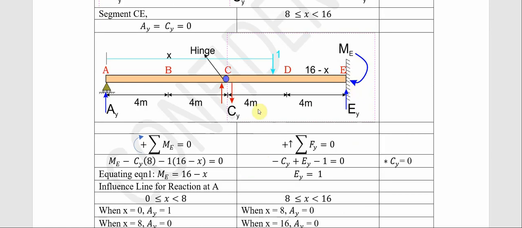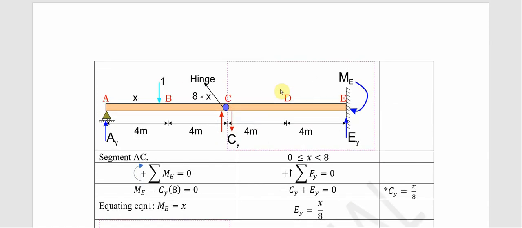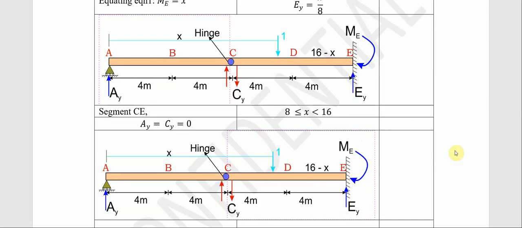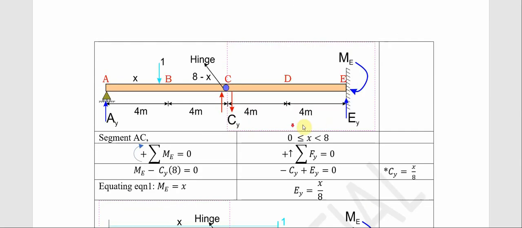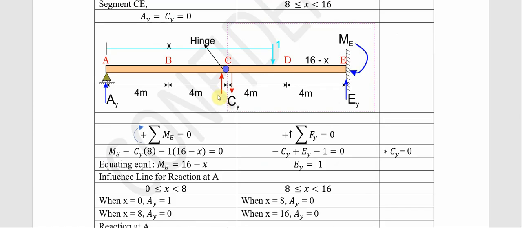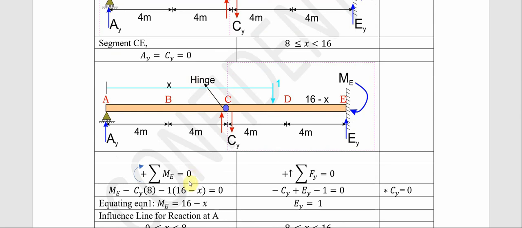We consider CY, but this time around the point load is acting here as against the other time that it was acting there. Okay, since we're taking moments about this point, I told you that this moment we have to consider it, and as I explained the other time, even though the load is acting here now, we are putting the unit load here.